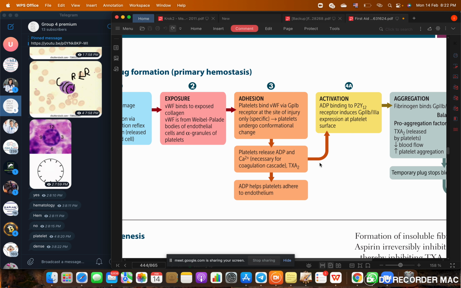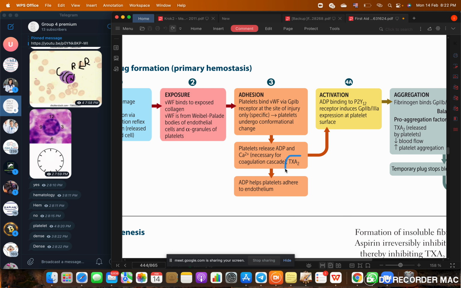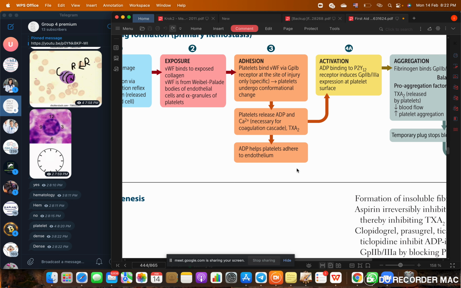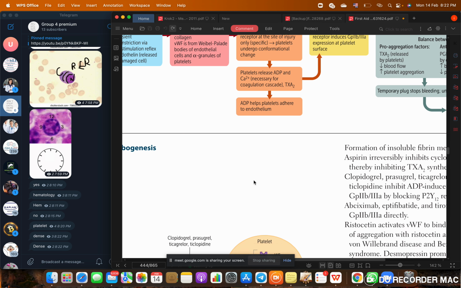The dense one, absolutely. Remember the cache? Absolutely, the cache. So this is basically going to be the calcium and the ADP and also the thromboxane A2. All of these are necessary for the coagulation cascade. The ADP will help the platelet to adhere to the endothelium.